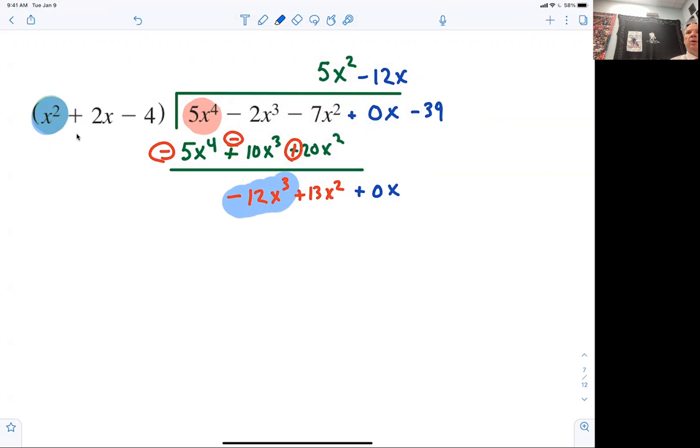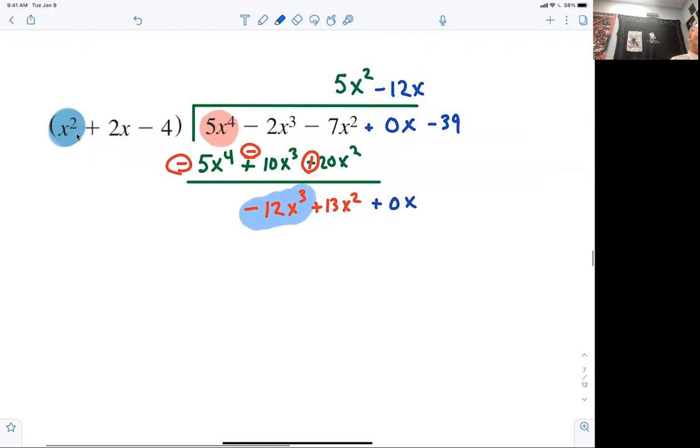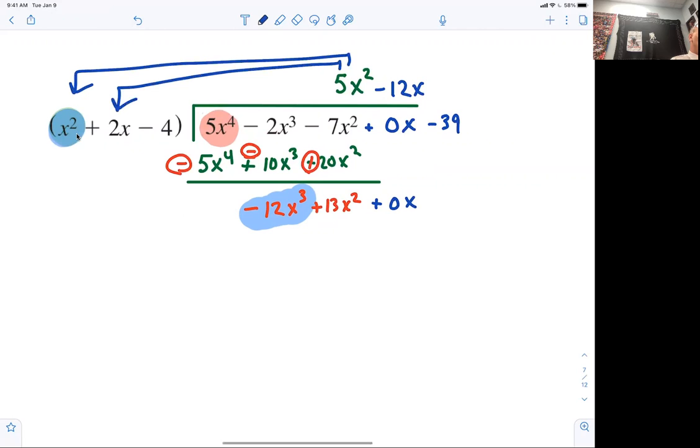Every single time you divide the first two, and that will tell you where I got that. Yes. Come on, don't be sorry, just ask. How did I get the 20x squared? Kiddo, you're just multiplying this times this, this times this, and this times this. That's all we're doing. All right, nothing to it.